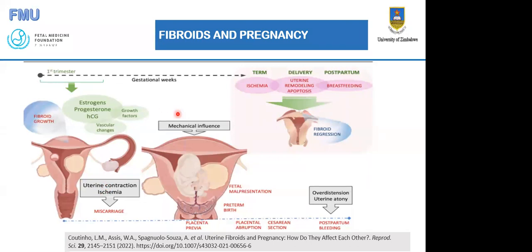Then in terms of mid-gestation, what else can fibroids do? Like I said, if it overlies the placenta, this may affect fetal growth. But if it is indenting into the uterine cavity, this may cause malpresentation.